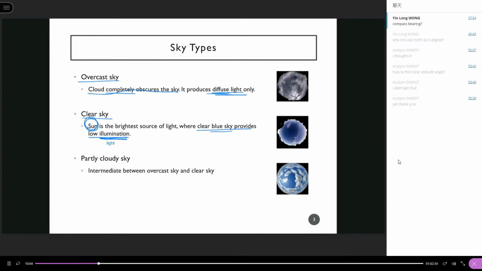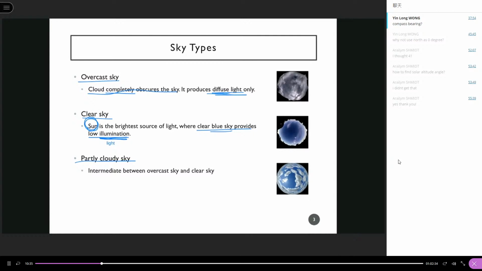So in between overcast sky and clear sky is called the partly cloudy sky. I think it is very easy to understand, right? So between the two, the cloud is not thick and it doesn't cover the whole sky. So you still have a bright sun and part of the sky covered by the cloud, which we call the partly cloudy sky.